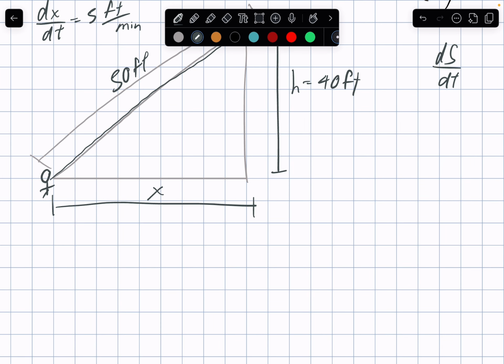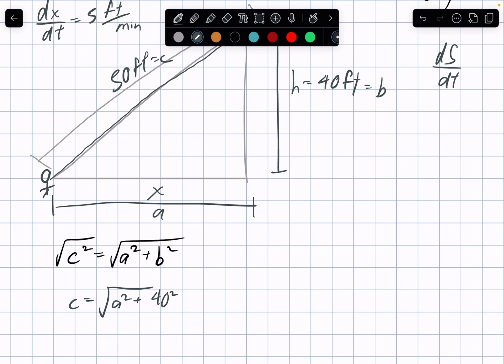Actually, let's look for it. Let's say this is A, this is B, this is C. So using the Pythagorean theorem, C is equal to the square root of A squared plus 40 squared.